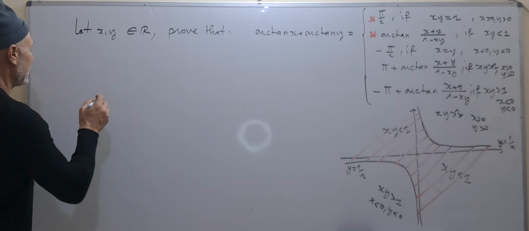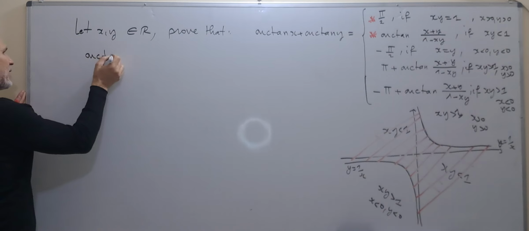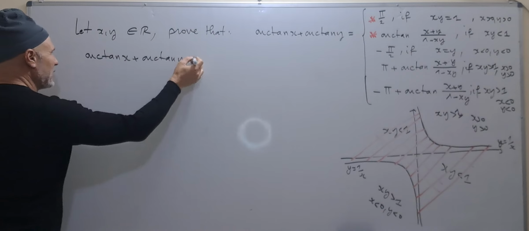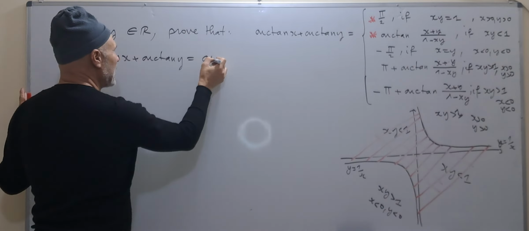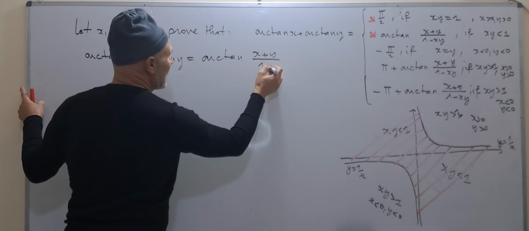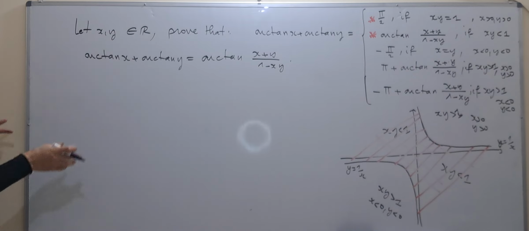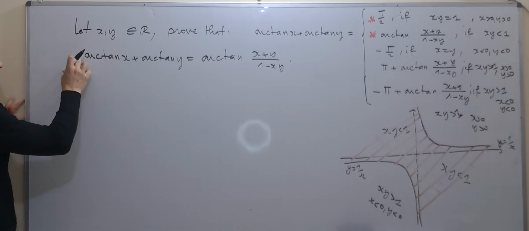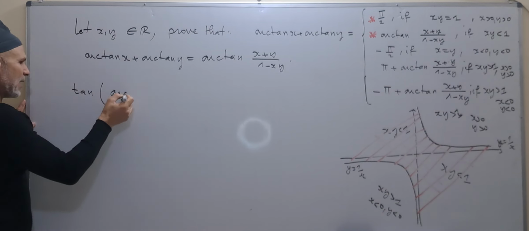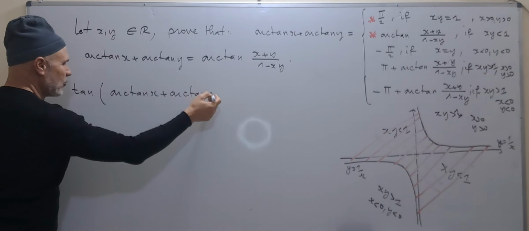For the second, we should prove that arctangent x plus arctangent y is equal to arctangent of x plus y over 1 minus xy. If we take the tangent of both sides of this equation, from this side we have tangent of arctangent x plus arctangent y.